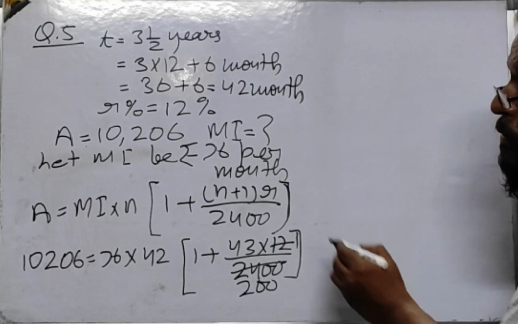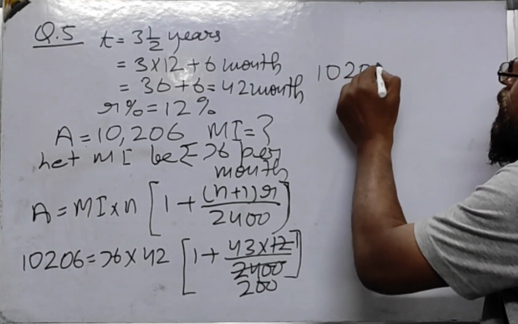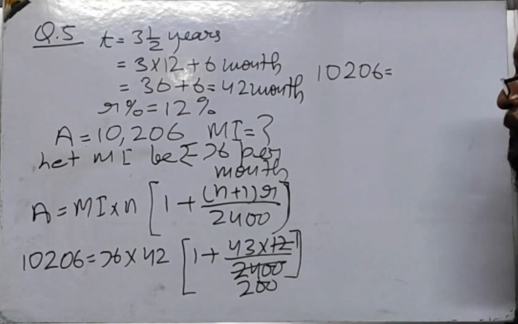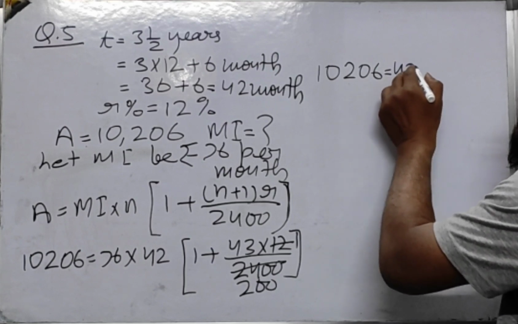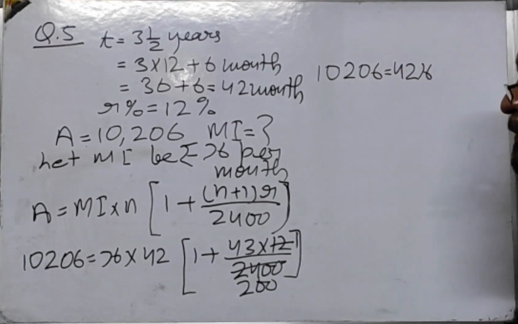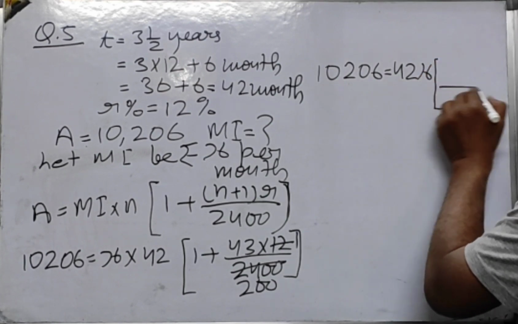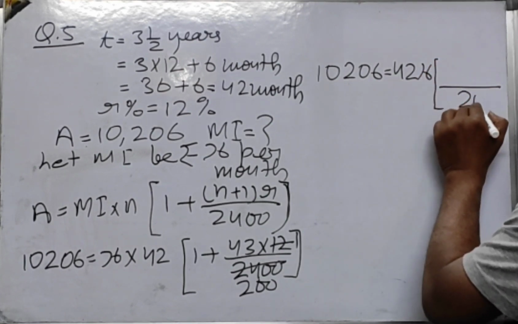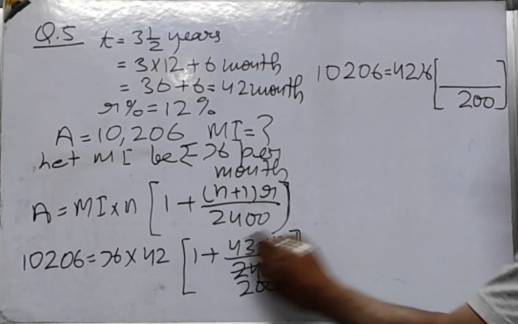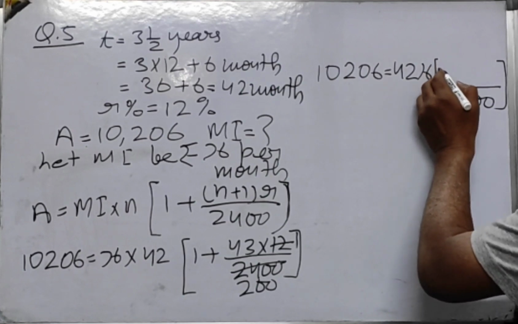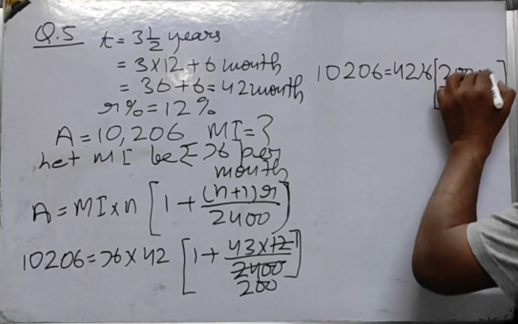Okay, so now 10,206 is equal to 42x bracket. We have taken 200 as an LCM, right? So it becomes 200 plus 43. I am doing it in short.